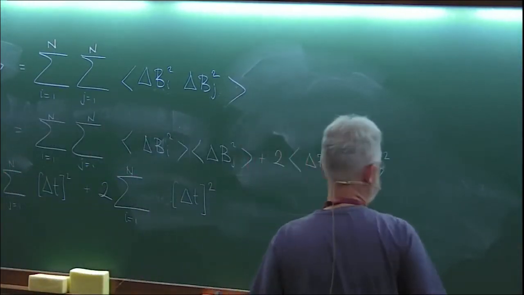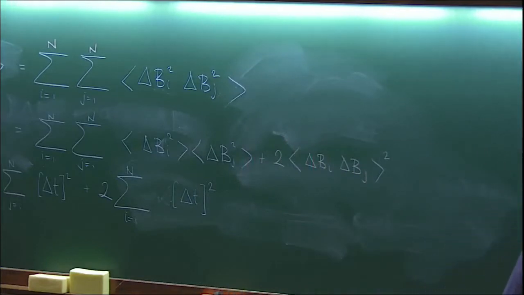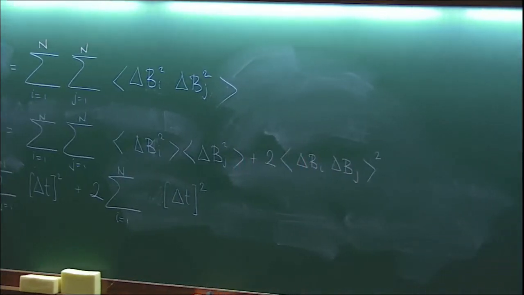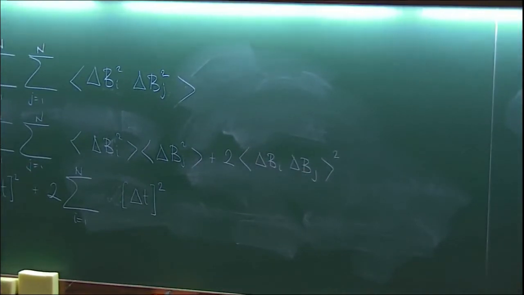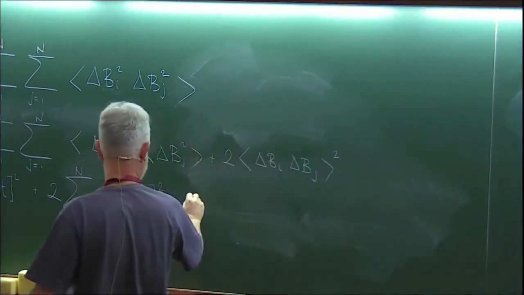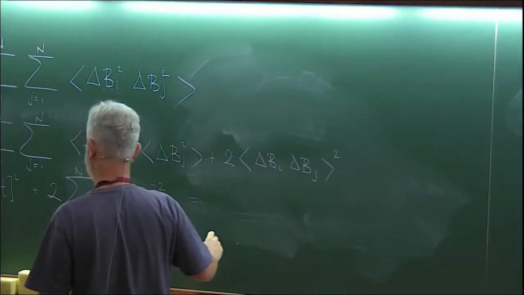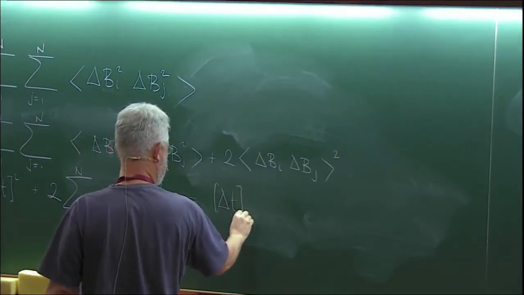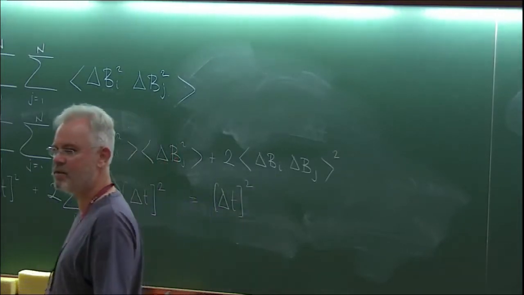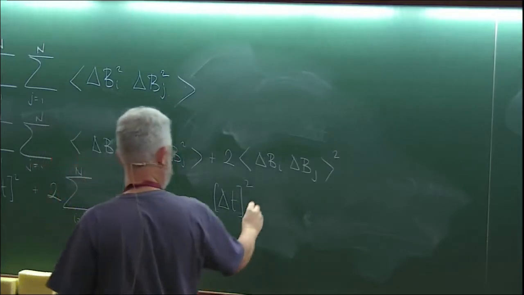Okay, now let's have a look at this. If we look at this, you can see that the delta t squared is common to everything. So this is going to give me delta t squared, and there are n squared terms in the double sum, yeah?